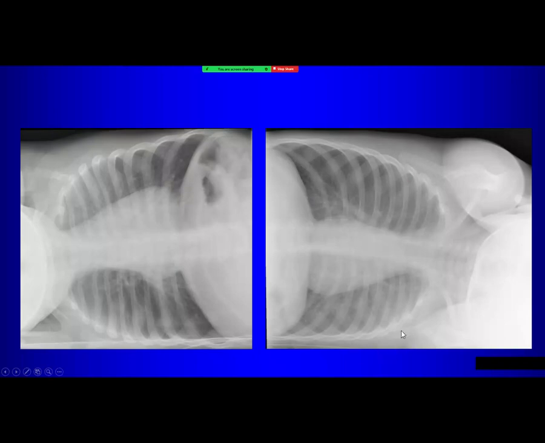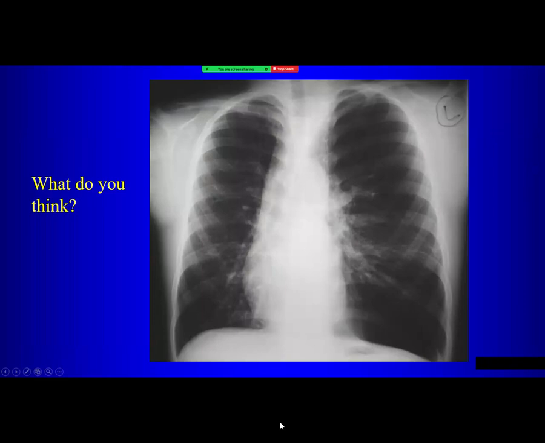Notice in the left lateral decubitus view, the left lung does lose volume here, and so it should be smaller. The lung that is in the dependent position should be smaller. But here in the right lateral decubitus view, the lung stays expanded, increased volume compared to the left. So here you'd be concerned about foreign body aspiration.